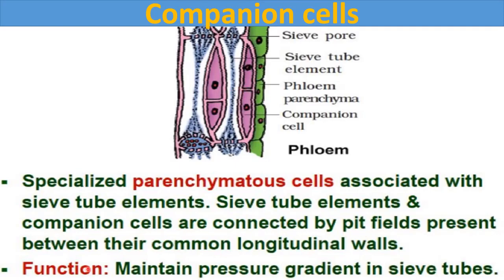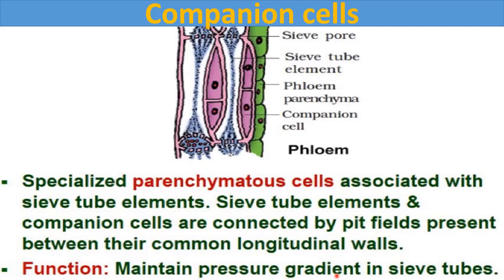So, the function of companion cells. Companion cells maintain the pressure gradient in sieve tubes. So one function is that they control the functions of sieve tube elements because their nucleus does so, and they also help in maintaining the pressure gradient. The pressure gradient is required to transport the food through the sieve tube element.